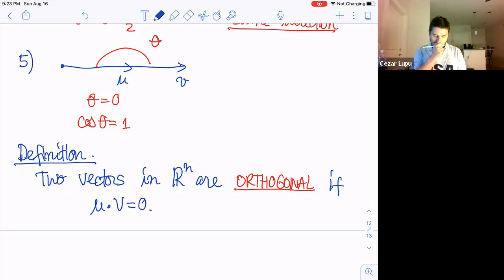There are plenty of examples of orthogonal vectors. Anyway, I'm going to skip the example.